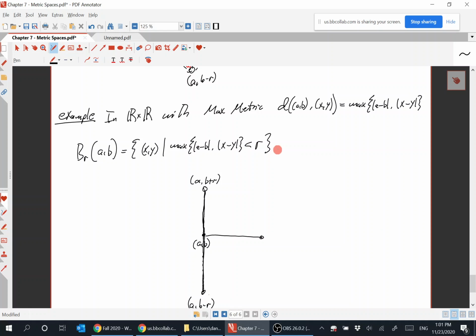So that's another way to say it. It's the set of all x, y such that x minus a is less than r and y minus b is less than r. When you're talking about the max of these two being less than r, what you mean is that both of them are less than r. Doesn't matter which one is bigger, just both of them are less than r.